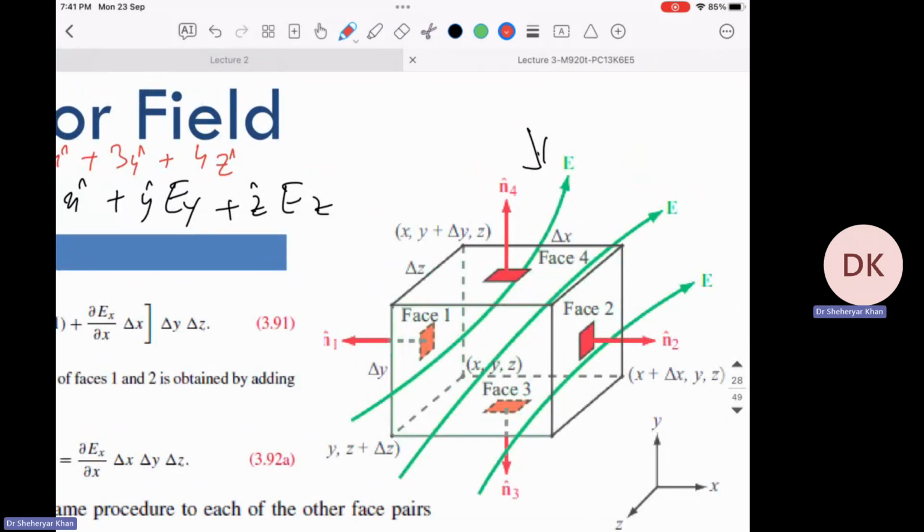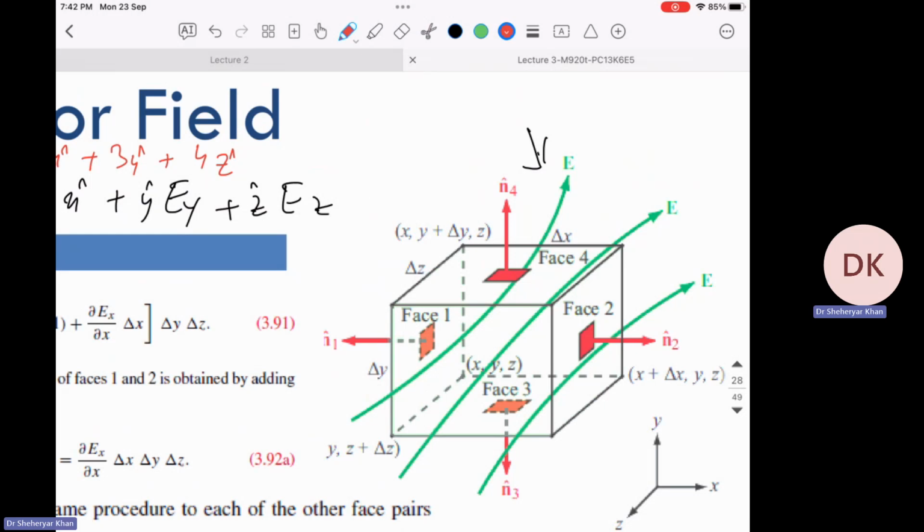You see, this cube is placed at 0, 0, 0, or x, y, z. That is considered its place, x, y, z. Now this distance is x plus delta x. What is delta x? Delta x is actually a length along x, maybe 2 centimeters.